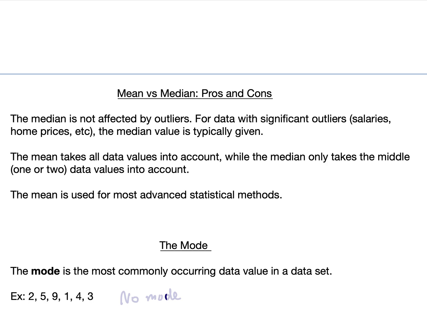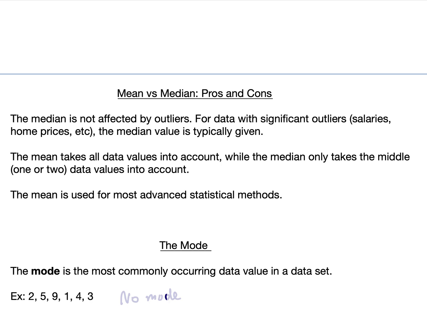Some data that you might hear about that is affected by outliers would be, especially in the US, salaries of individuals or home prices. Say in North Adams, maybe a lot of home prices are between $100,000 and $300,000, but there might be a couple of really huge mansions that are worth $1 million.